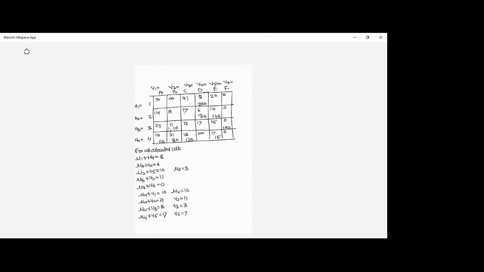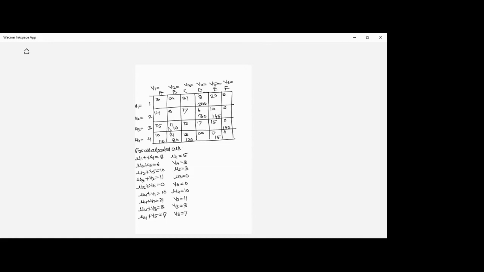If u2 is 3, v4 is also 3. So if v4 is 3, u1 comes out to be 5, right? Similarly, u3 plus v2. So v2 is 11, so therefore u3 comes out to be 0. And if u3 is 0, v6 also comes out to be 0.